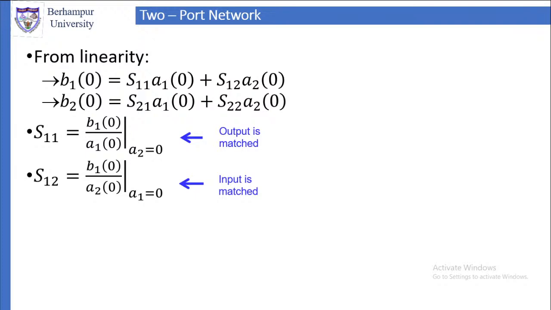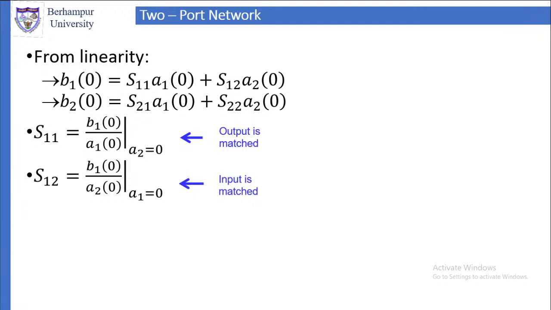Similarly, make A1 equal to 0, that gives S12 equal to B1 by A2. A2 will be 0 when the output port is matched, so nothing is getting reflected from the output port.